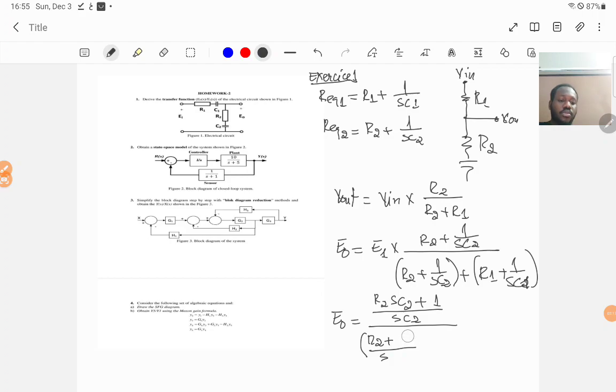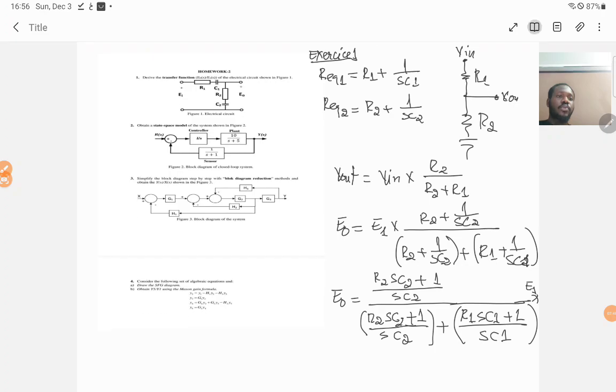Now, for the denominator, R2 SC2 plus 1 over SC2 plus, here we have R1 SC1 plus 1 over SC1. We don't have to forget to multiply by En or E1.